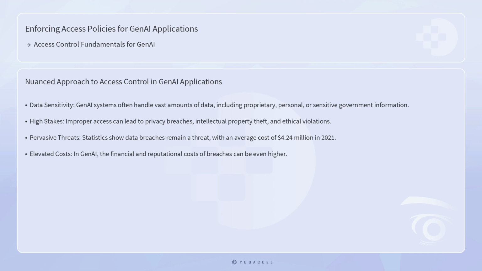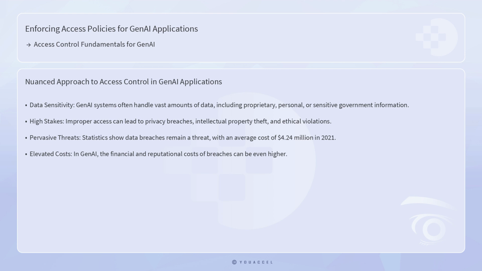The complexities of GenAI applications necessitate a nuanced approach to access control. These systems often handle vast amounts of data, which may include proprietary information, personal data, or even sensitive government data. As such, the stakes for improper access are high, with potential ramifications including privacy breaches, intellectual property theft, and ethical violations.